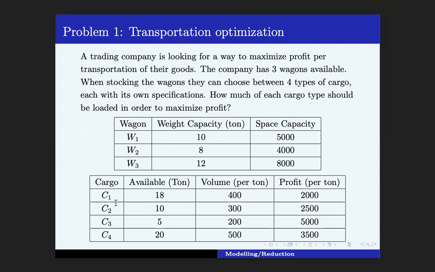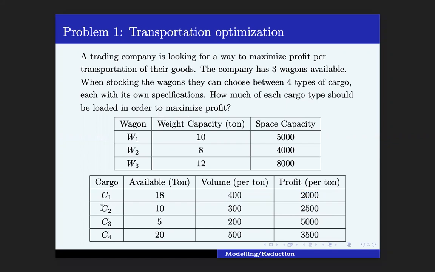In which case you can ship either some coal, of which you have 18 tons, but for each ton of coal you will need 400 meters square of volume. And you have been told that for every ton of shipping you will get $2,000 or something.